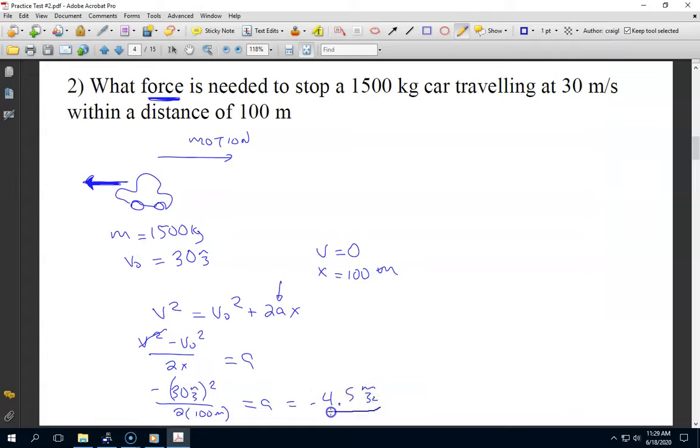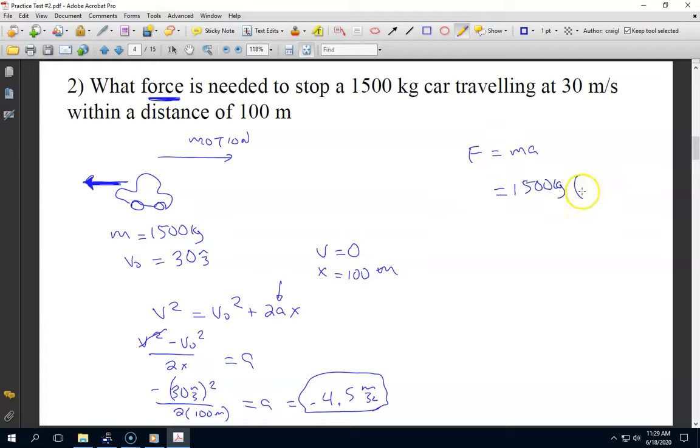meter per second squared. That is not the force that they were asking for, but we know that every problem in this chapter somewhere is either going to use F equals ma or possibly the sum of the forces. This one only has one force, so it's okay to just leave it F equals ma. And we want that force. I've got a 1,500 kilogram car.